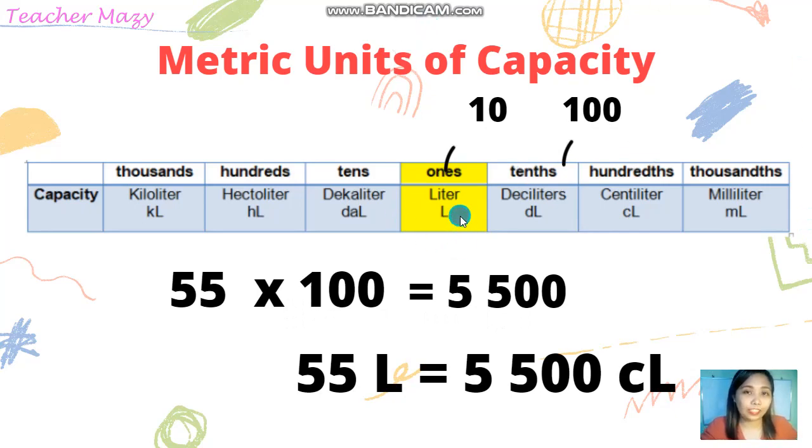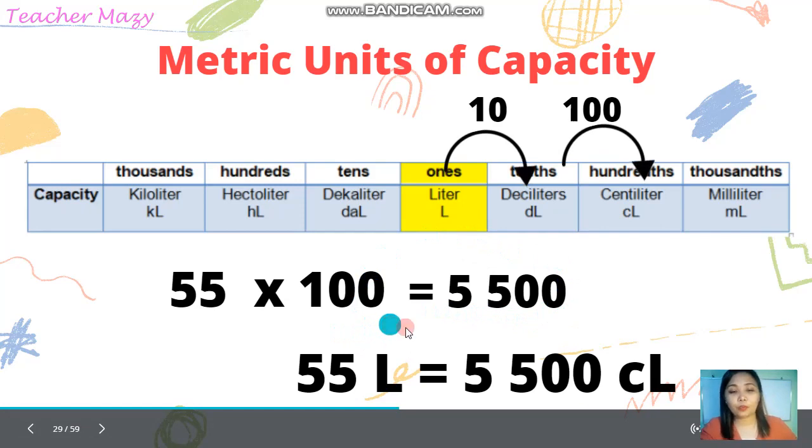So, from liter to deciliter, we shift twice. 1, 2. So, that means we will multiply our given by 100. 55 times 100 is equal to 5,500. So, that means for every 55 liter, we have 5,500 centiliter.